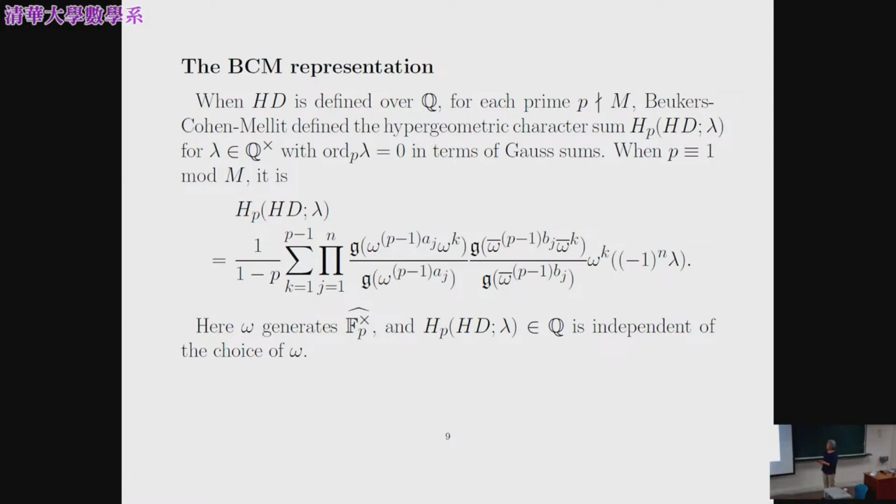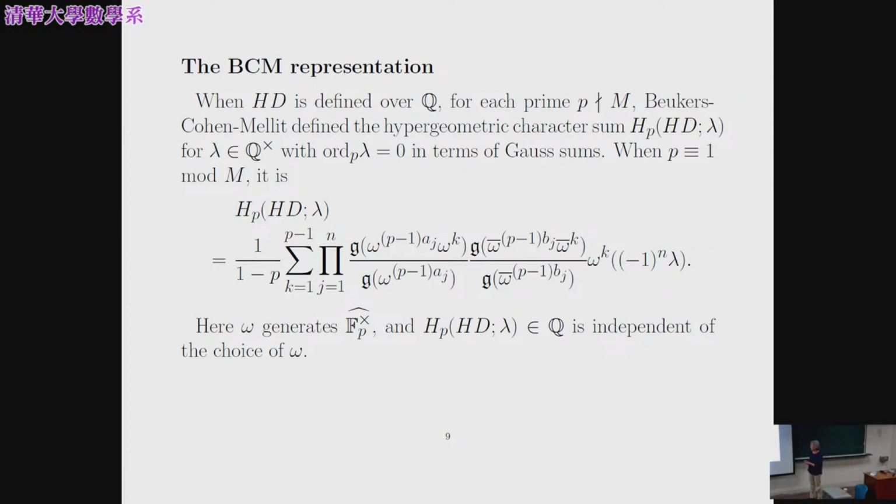Let me just give you some example. If the data is defined over Q, and if this prime P doesn't divide the level, then when this level M divides q minus 1, this hypergeometric character sum is defined in this way, which looks very complicated, but is actually the exact analog of the n F n minus 1 hypergeometric function.